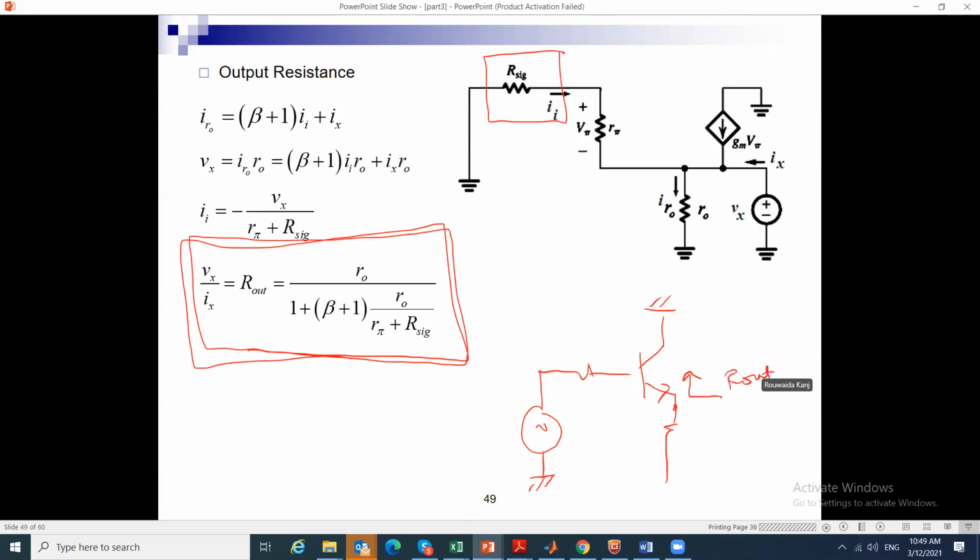We removed RL in this scenario, and it is telling me that if I'm looking up here, I will set V sig to 0, and I will see a resistance which is function of R sig, RO, R pi, and beta.